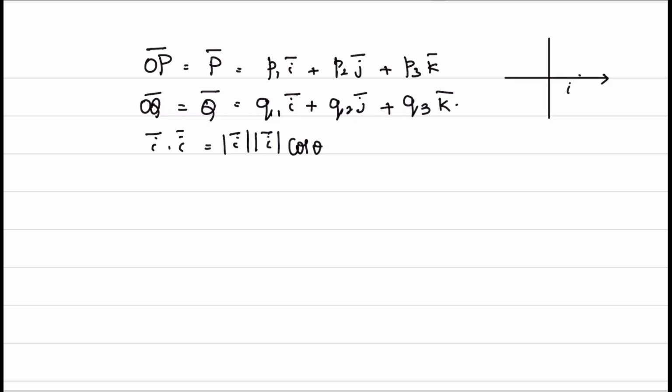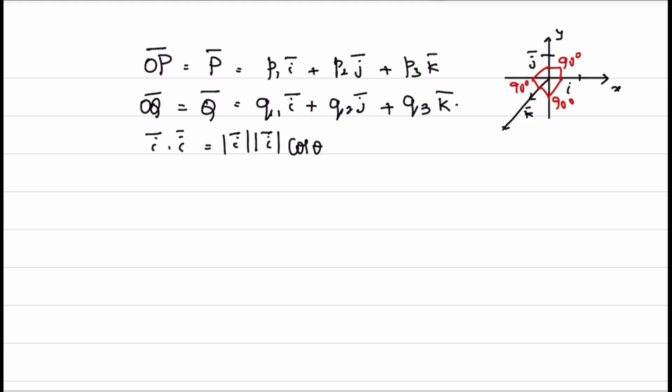This is I, this is J, and this is Z, this is K, this is the Y axis, this is the X axis. Now, the angle between I and J is 90, I and K is 90, and K and J is 90.